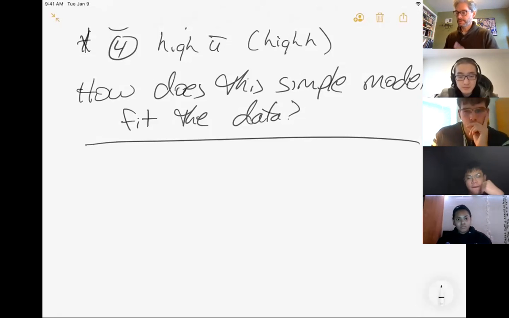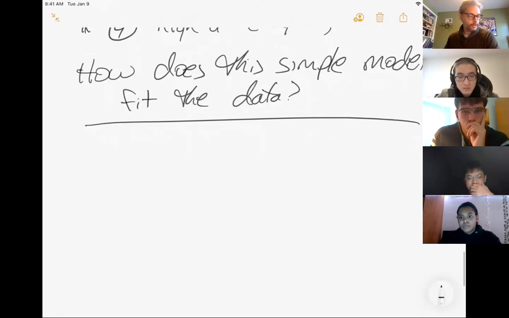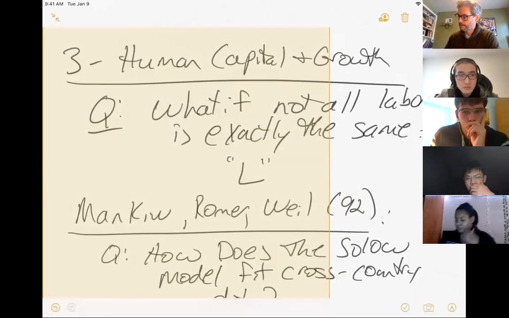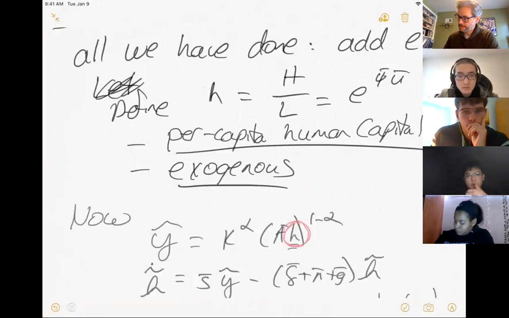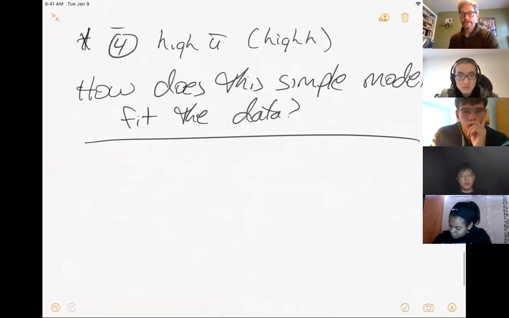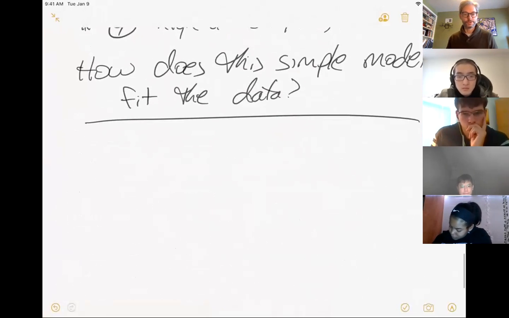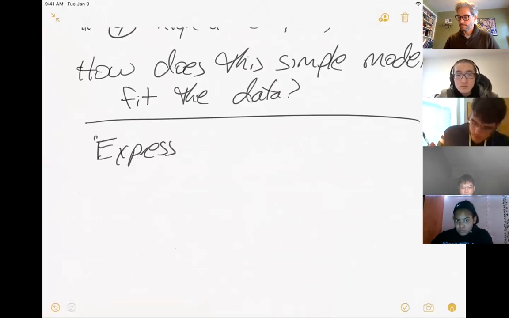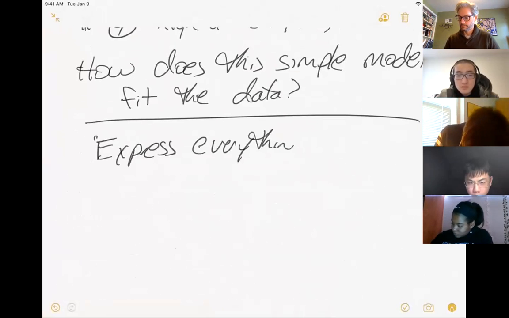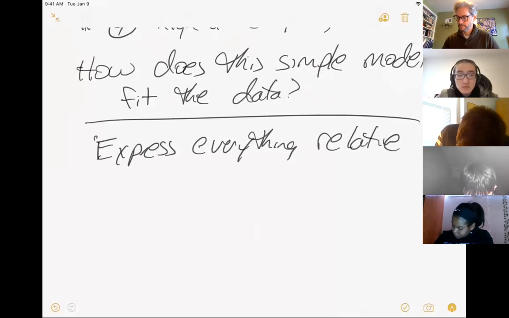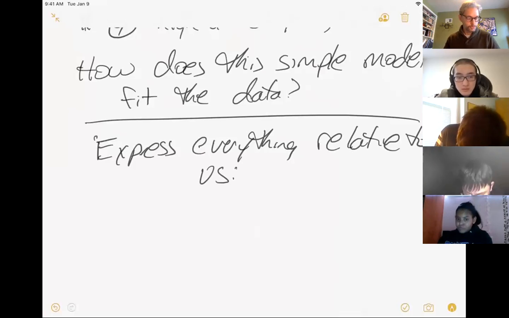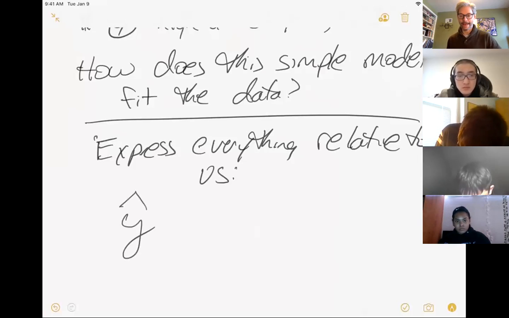Okay, so what Mankiw, Romer, and Weil do here is actually a technique that we will see a number of other papers use. They say, let's express everything relative to the US. So we're going to define a new variable, y hat.